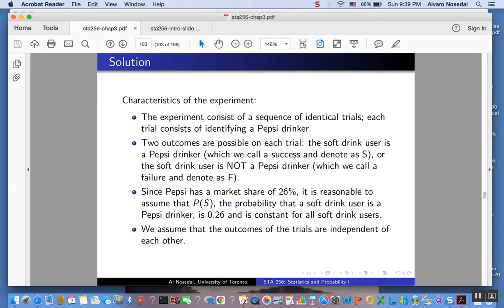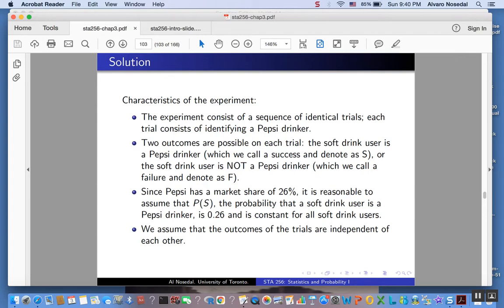Based on the information that we have about the market share of Pepsi, which is 26%, we are going to assume that 26% is the probability of success, and that probability of success remains constant from trial to trial.